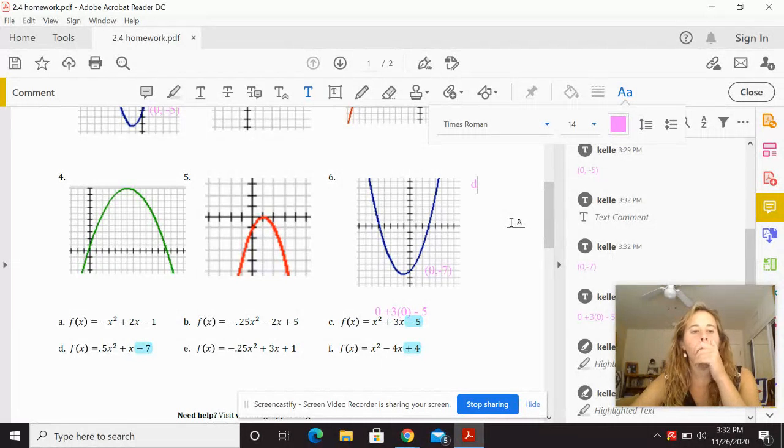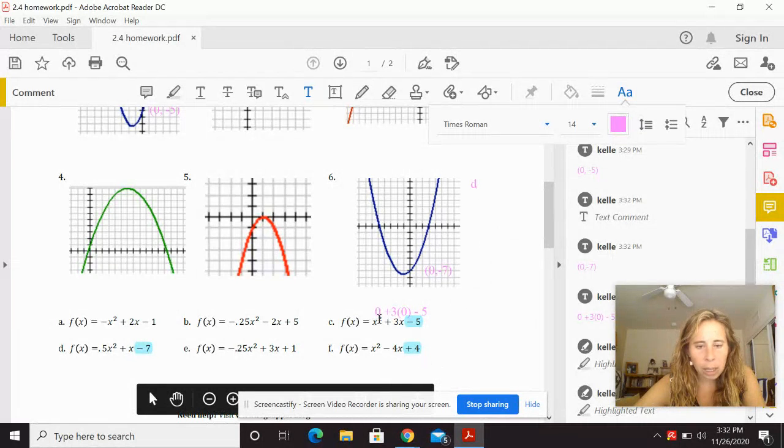Okay, you can also look at the other things we've been talking about with these graphs. So this is x squared, positive x squared, positive x squared, and this one is also positive. So all of these are going to be going upwards. Like number 6, D, it's positive, it's going up.